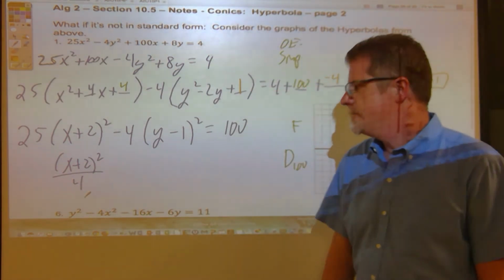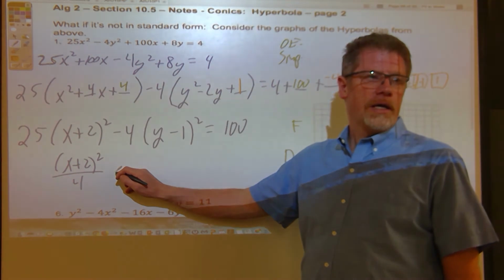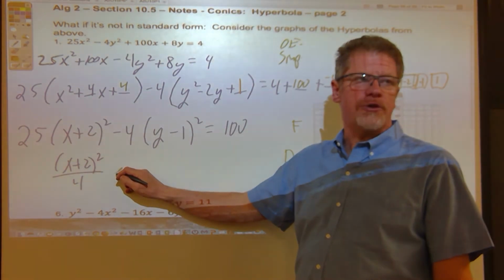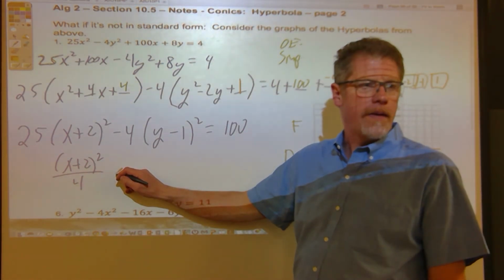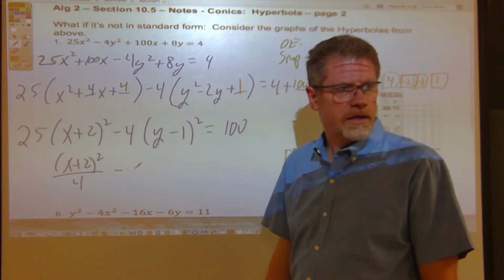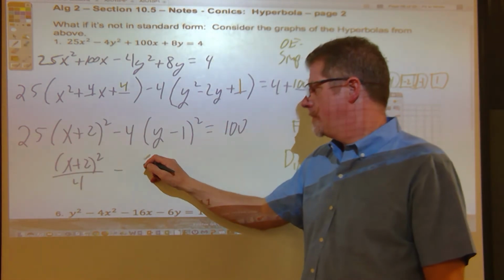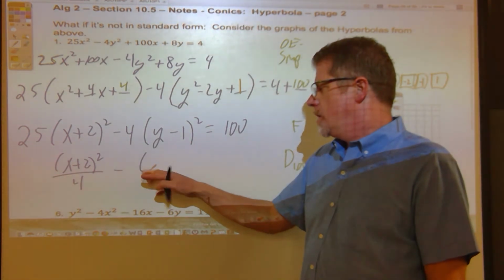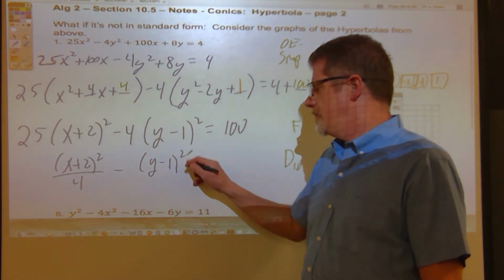Keep going. Instead of saying and then, say either plus or minus. Minus. Nice. Keep going. Well, no, this is y minus 1 squared, divided by.